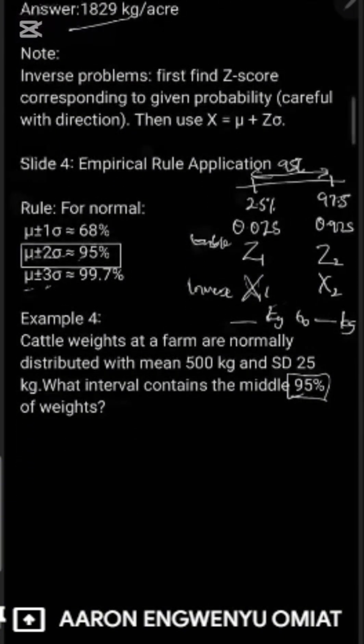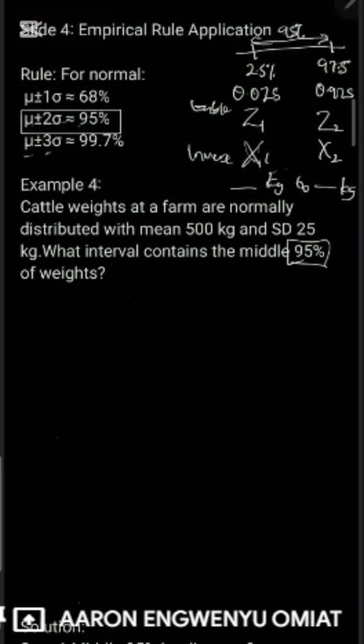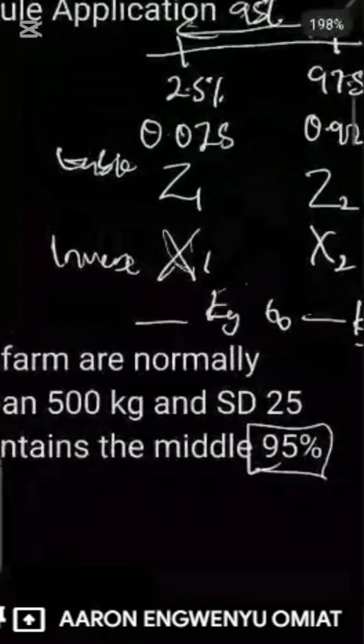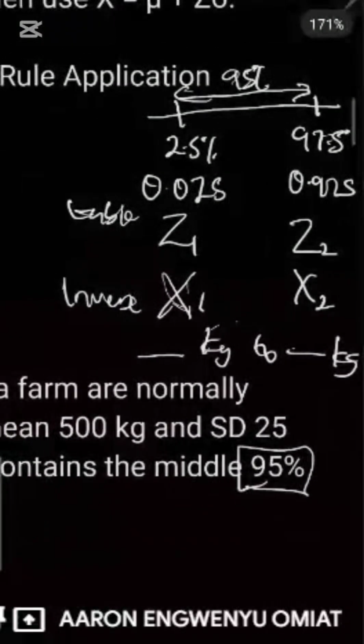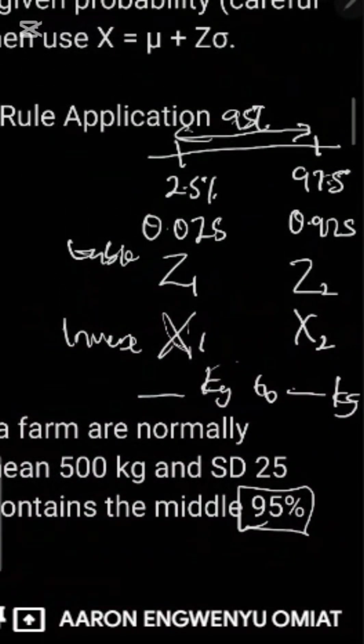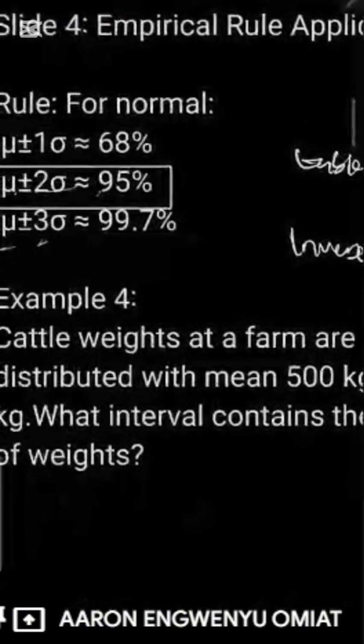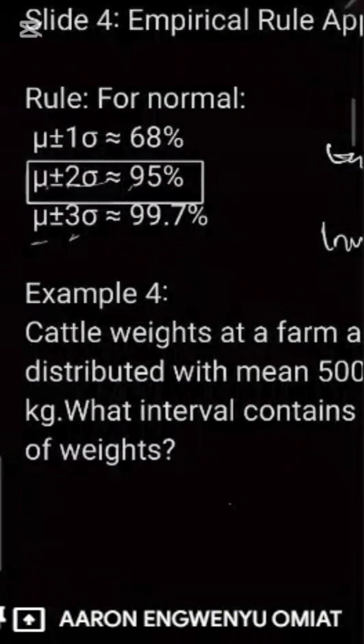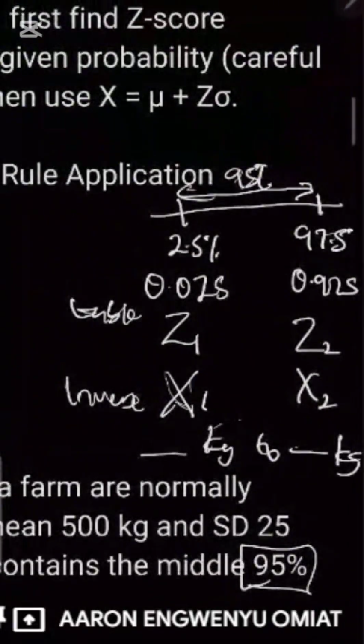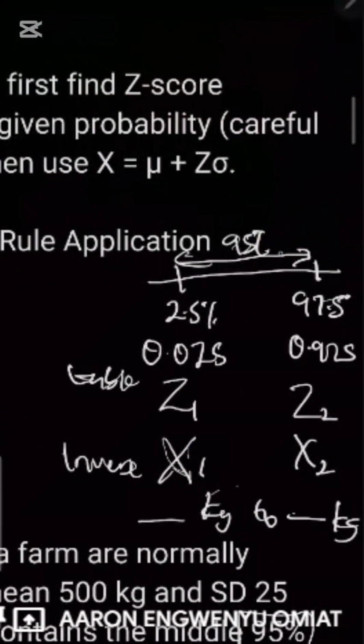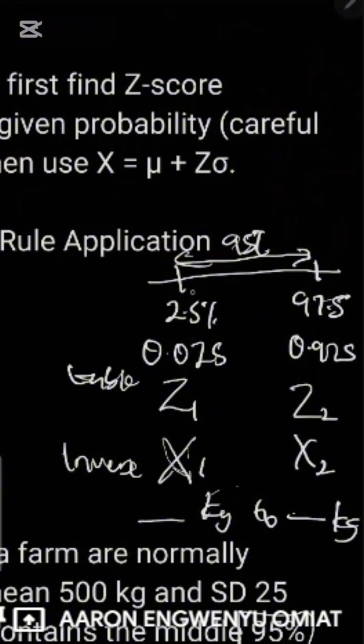Okay. So if we were asked, without the knowledge of the empirical rule, to find the interval containing the middle 95% of weights, we would go ahead and we know the middle 95% lies between 2.5% and 97.5%.